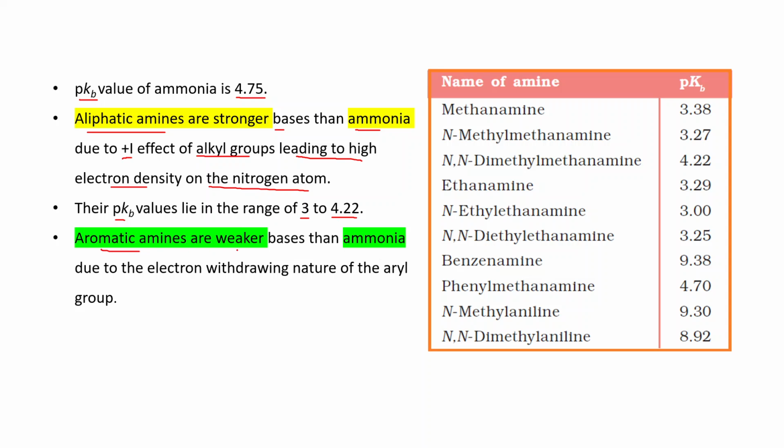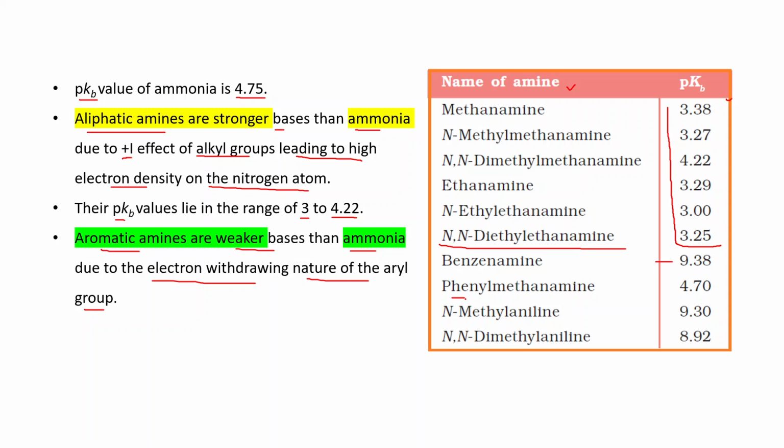Aromatic amines are weaker bases than ammonia due to the electron withdrawing nature of the aryl group. Now you can see this table. Amines are given and their pKb values are given. These are the aliphatic amines. Now this benzylamine is an aromatic amine.